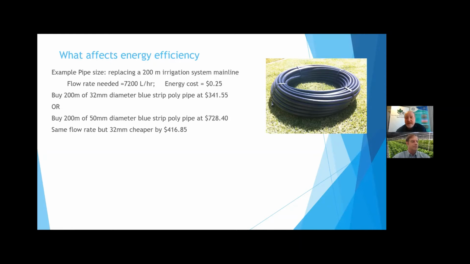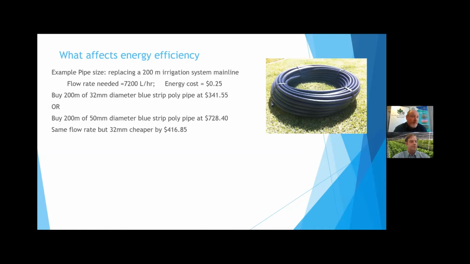Okay, the scenario is, you want to replace your main line and extend that main line to expand your nursery. You need 200 meters of main line, and you have a look around and you decide that there's a 32 millimeter diameter pipe for $341, or there's a 50 millimeter pipe that you can buy for $728.